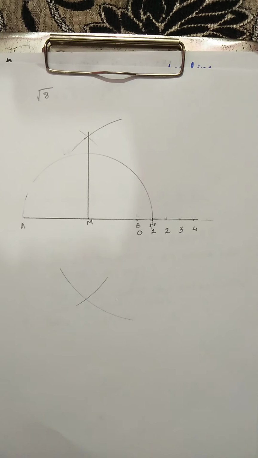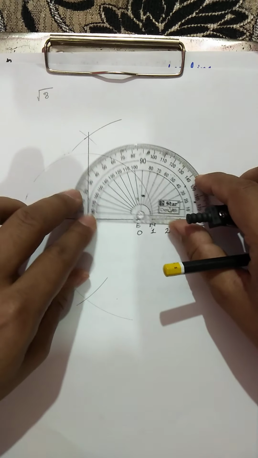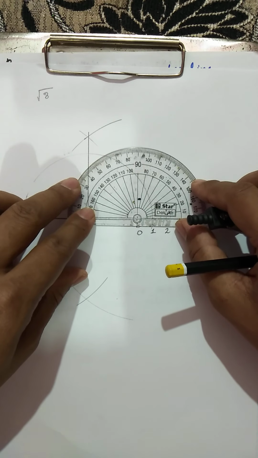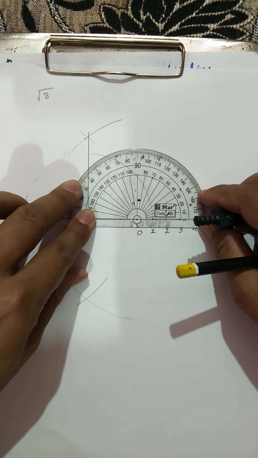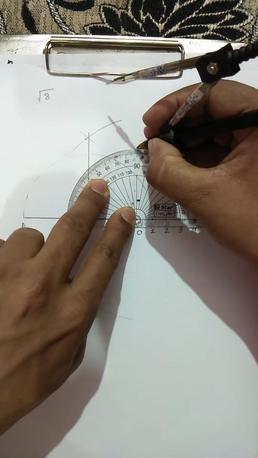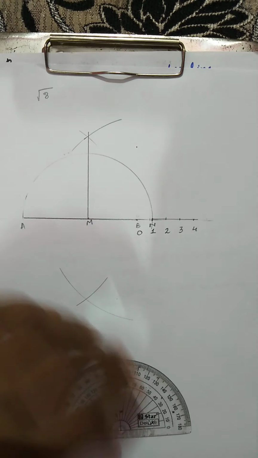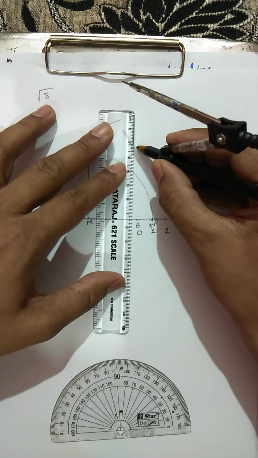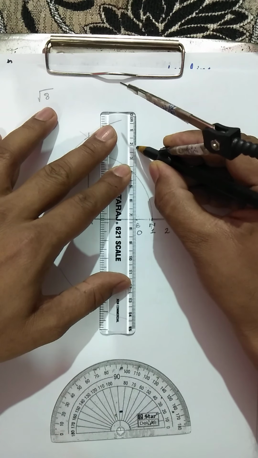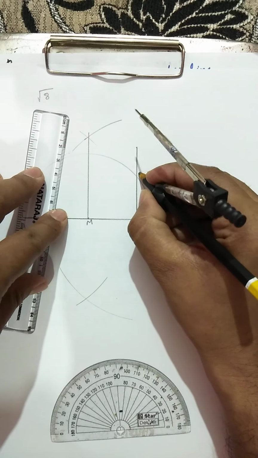Now the next step is you draw a perpendicular at B. Keep your compass at B, this is your point B, and mark the point at 90 degrees. Take your scale and draw this perpendicular. Now this perpendicular is meeting the circle.